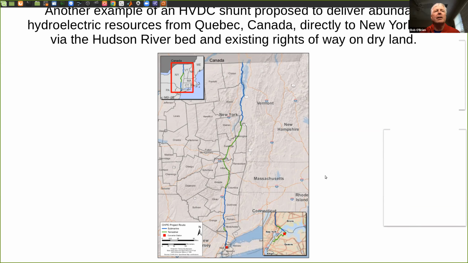Hey, Julian, who's, oh, go ahead, Bob. So what's the advantage of doing this DC versus doing AC lines? Because it lets you completely bypass that congested AC grid. It lets you go from point A to point B without using the existing highways.